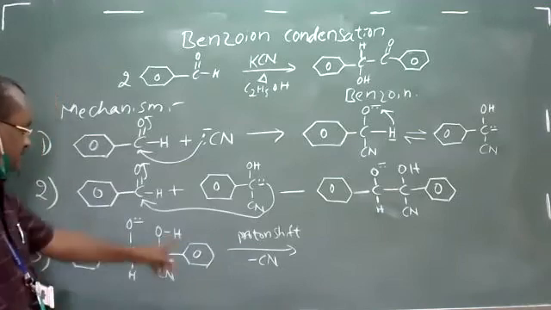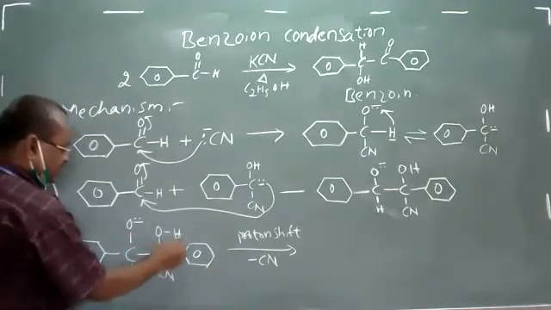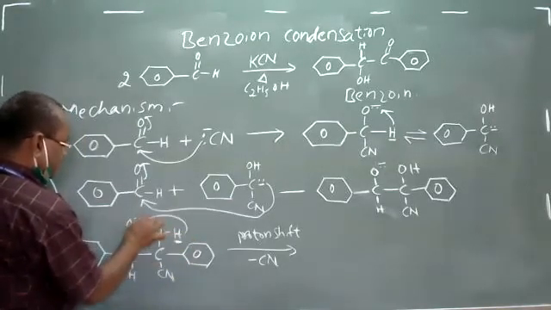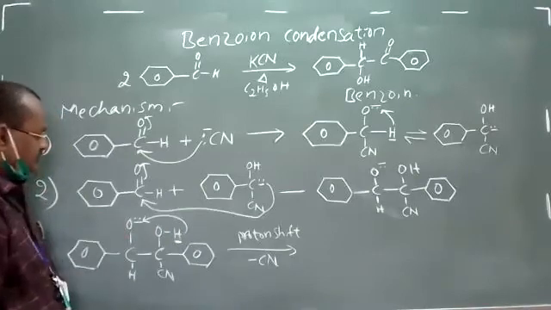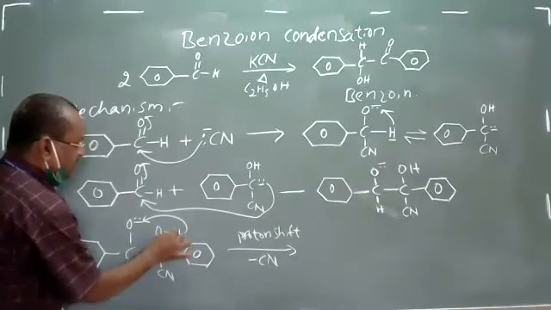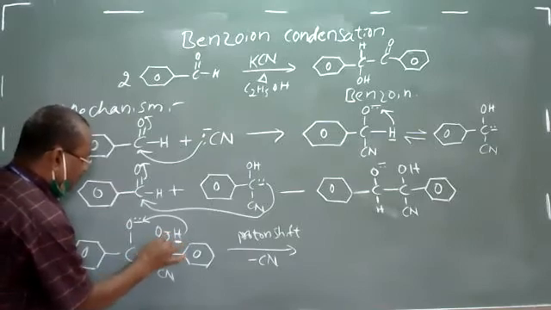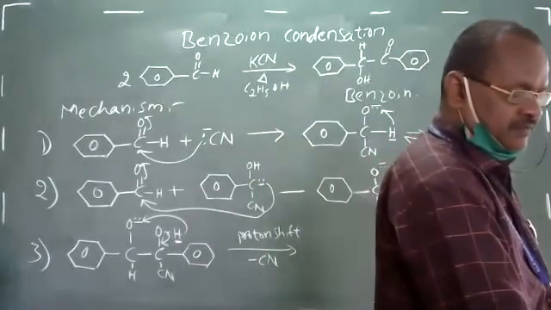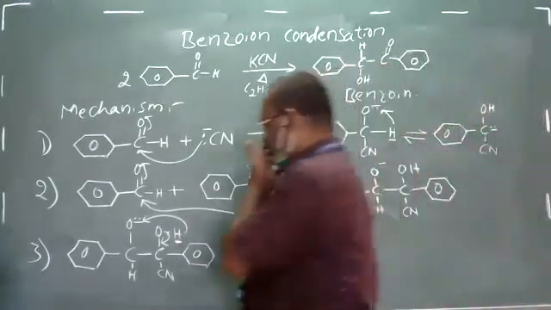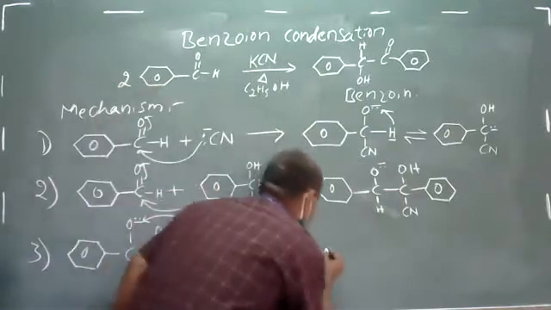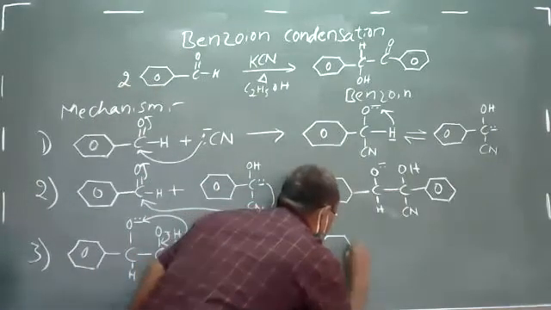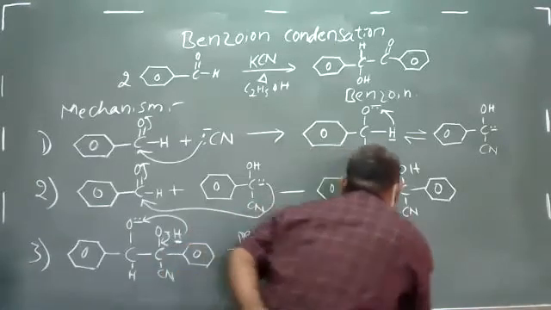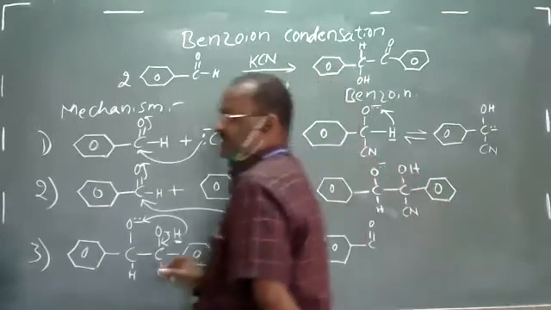So when this oxide ion wants to stabilize, the proton from the OH will shift from here to here, stabilizing this to a hydroxy group, and the bond electrons between oxygen and hydrogen will try to form a double bond between carbon and oxygen. This is how it forms. And thus ultimately benzoin is generated.